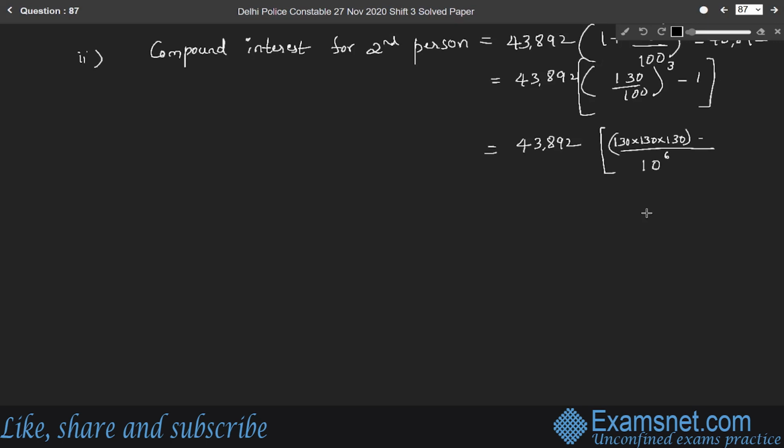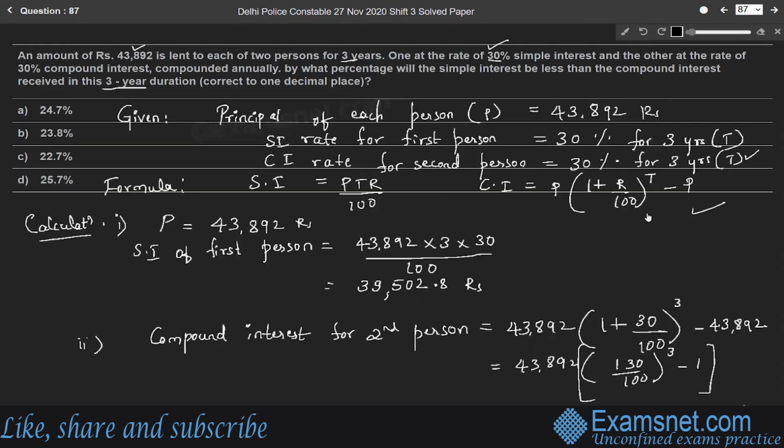Minus, not 100, 10 to the power of 6 again, right? So after simplification, you will get 52,472.81. So the compound interest for the second person is 52,472.81 rupees.